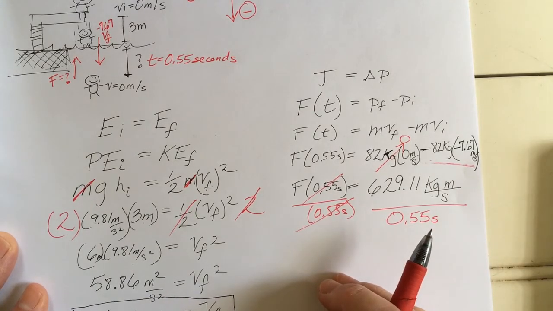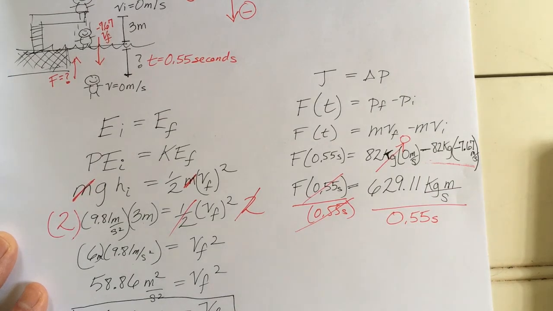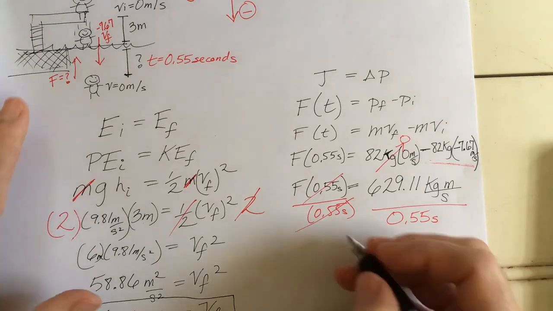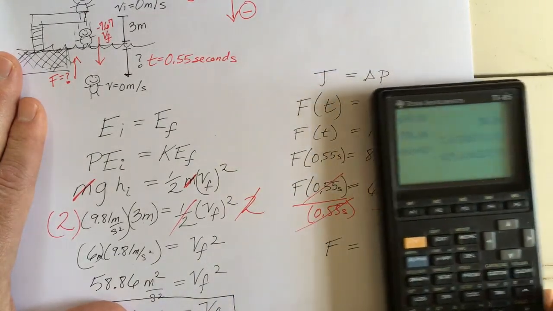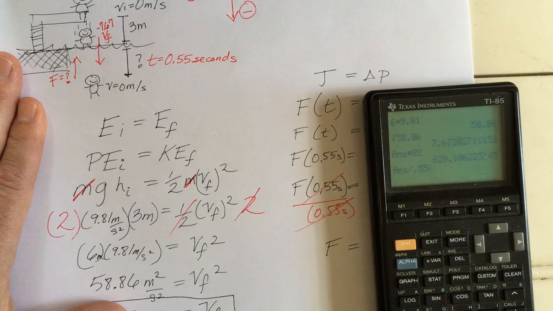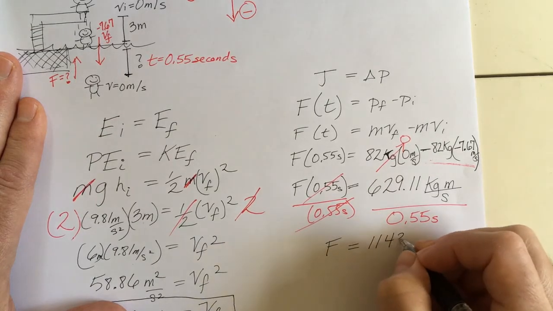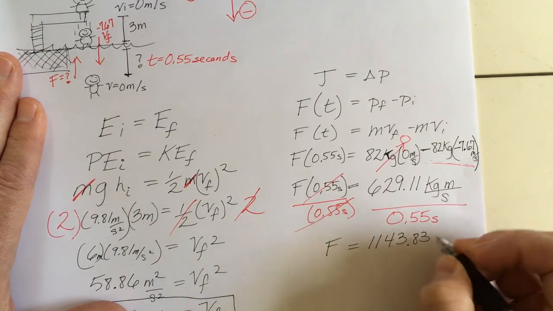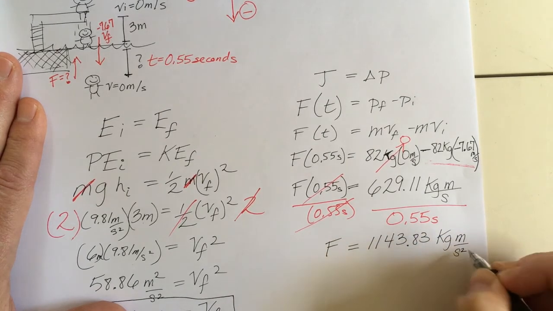So, rewriting now, F is equal to 629.11 divided by 0.55, which is 1143.83 kilograms meters per second squared.